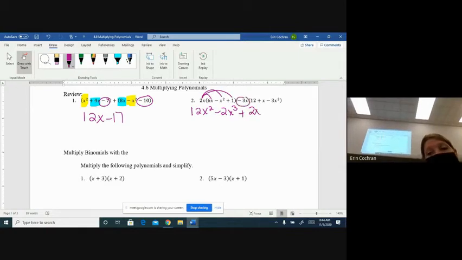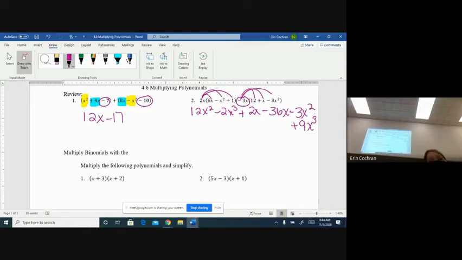Now, negative 3x times 12. Negative 36x, good. Negative 3x times x. Negative 3x squared, good. And then negative 3x times a negative 3x squared. Positive 9x to what? Cube, third power, good.